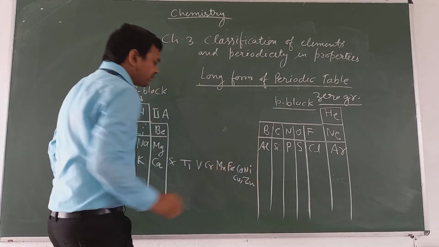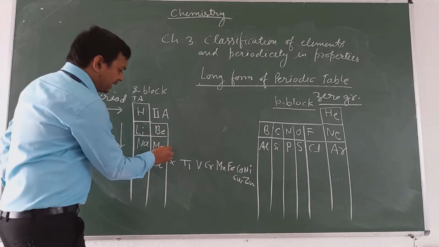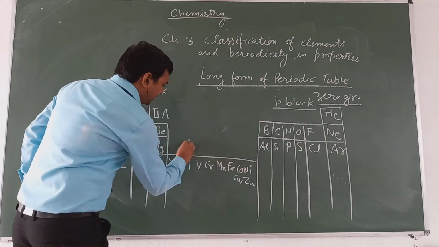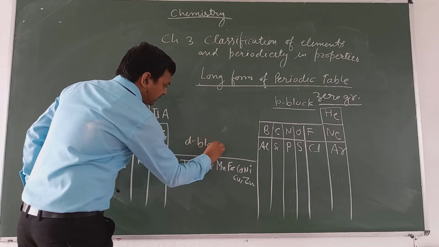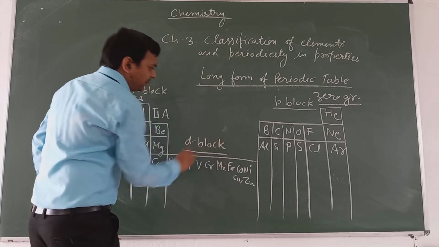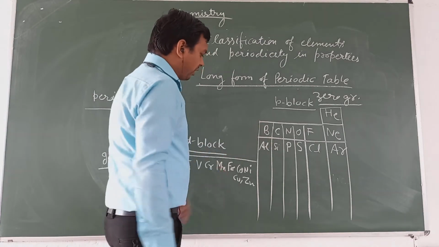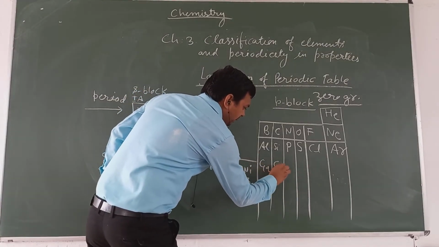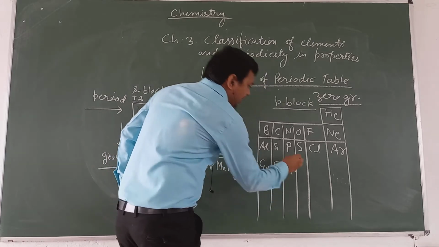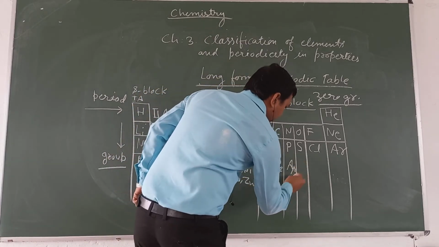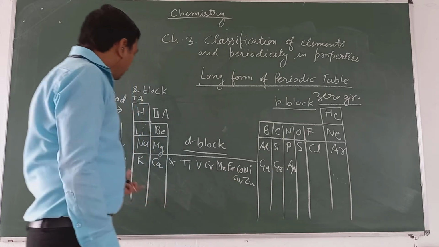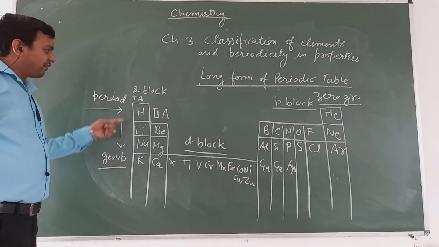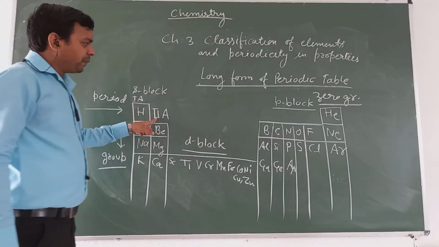These are d block elements, and here are the p block elements. After zinc, gallium, germanium, arsenic are there.